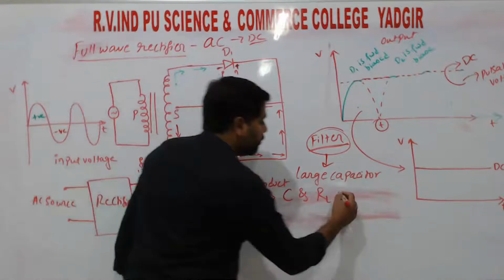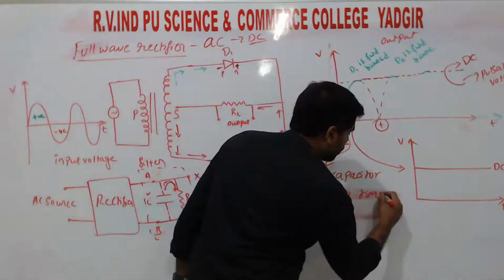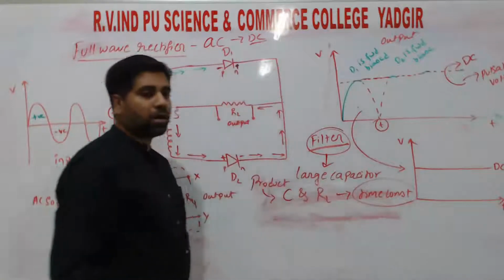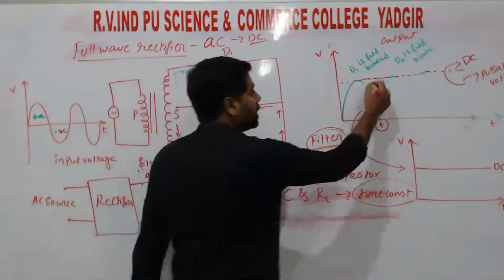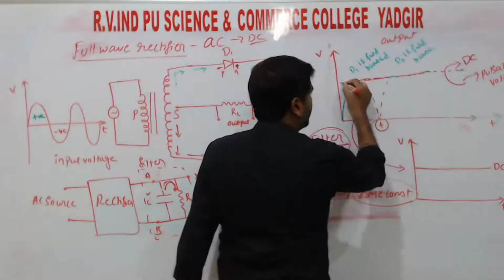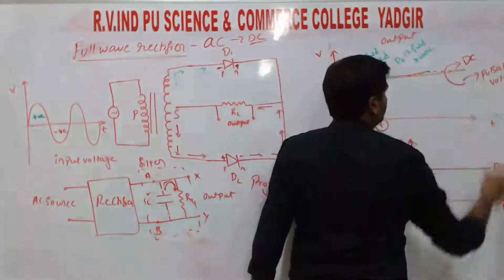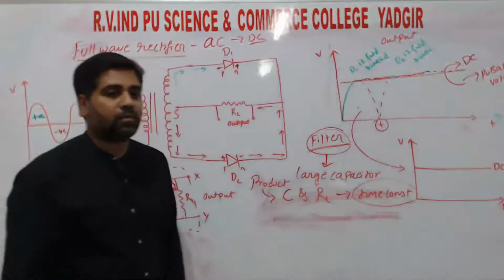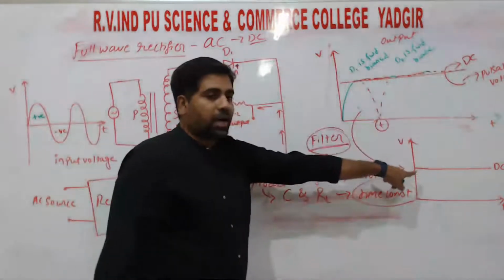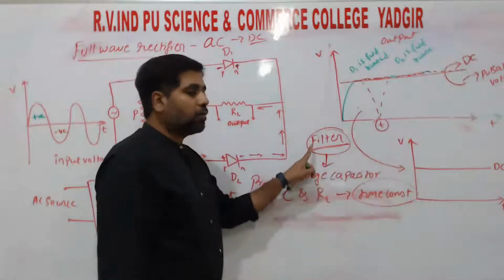That time we call the time constant. For this particular time constant, we get the constant voltage, right? From that we get a direct voltage in the form of a straight line. That is how we can convert the pulsating voltage into the direct voltage, by using the filter.